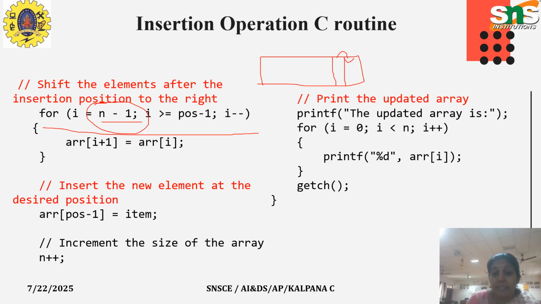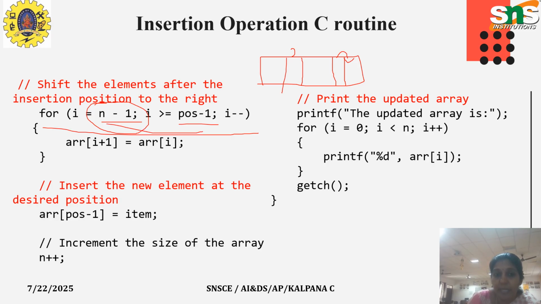And I is greater than or equal to position minus 1. So which means if I am going to insert my new value in the second position, somewhere here, okay, somewhere here. So from n minus 1 till the position, I am going to shift the elements. So that is the thing we are going to represent here.